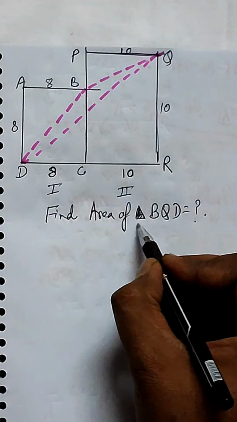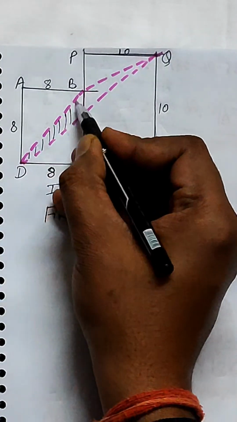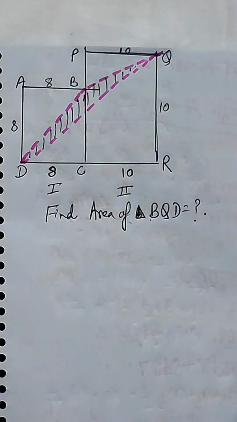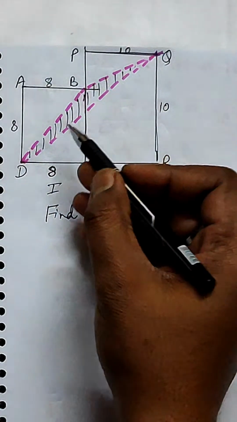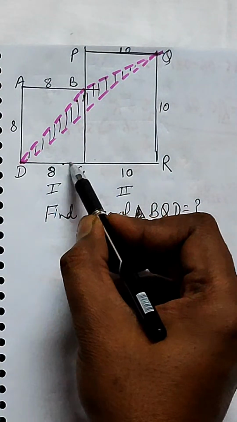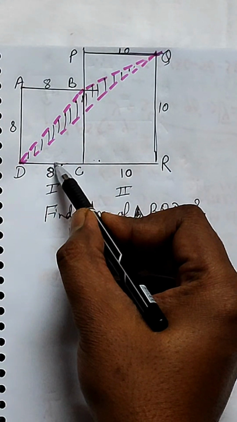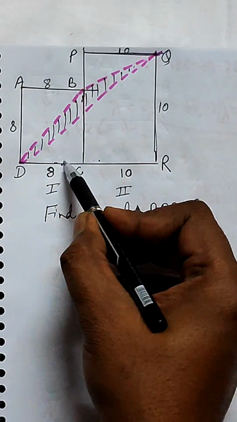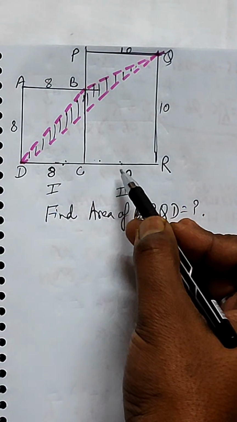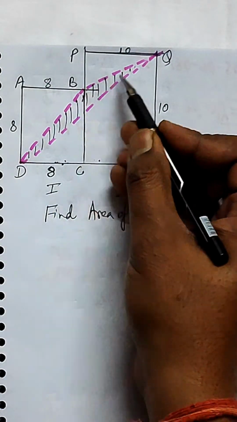Now, for calculating the area of this triangle BQD, what will we do? Just think on this. We have two squares connected with each other. One square has a side of 8 units, and another has a side of 10. Now we need to find the area of this triangle.